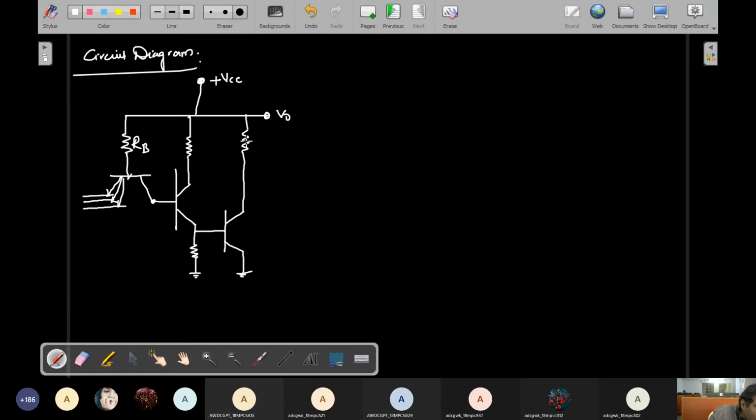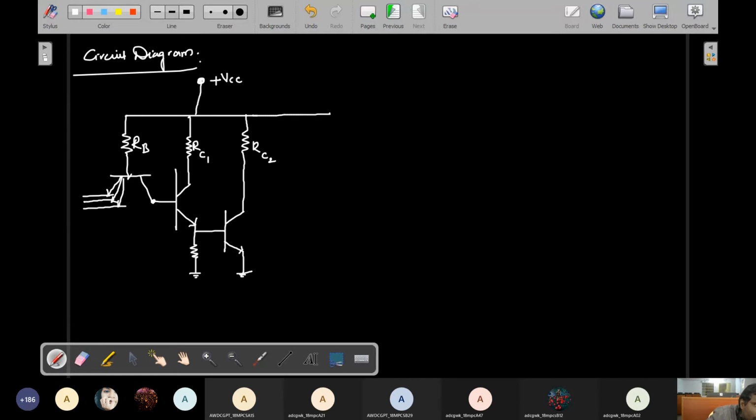Understand? So this resistor is the collector resistance RC1, and this is through resistor RC2. So this is the collector terminal and this is the emitter terminal simply.